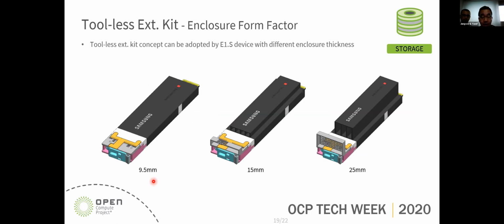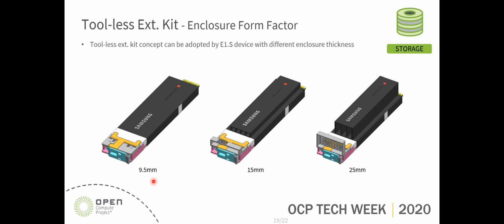It's also compatible with the current extension kit, as Yusuf mentioned. So you don't need to change your screw extension kit, and you can share the same SSD enclosure. We will also share our design to the community, as Jason mentioned.